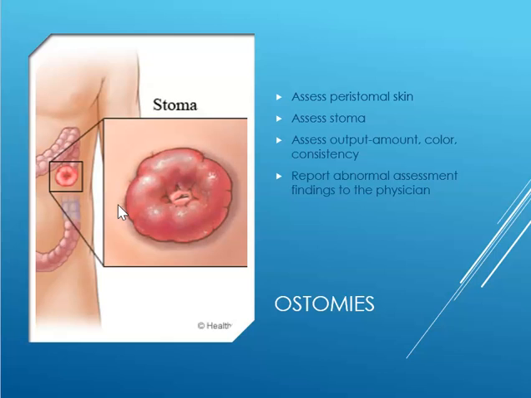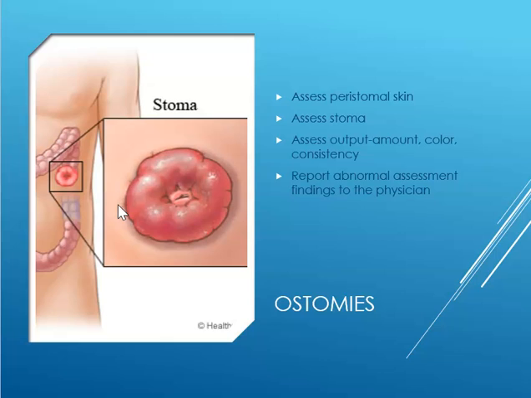That way it adheres to the skin properly. So they're going to really be doing a lot of education on that, but you need to help support that patient through that. So low fiber diet, depending on where that ostomy is located, and really provide support for these patients because of body image. Some of them have quite a different view of themselves after this happens.